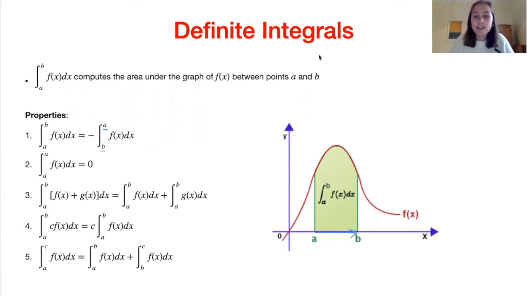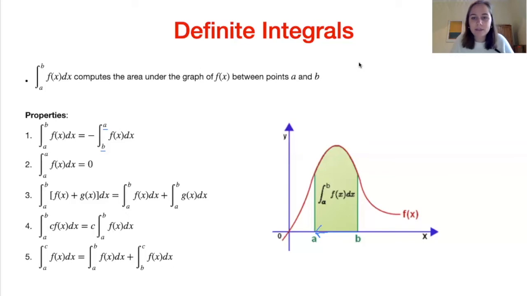Whereas if we're finding an area from b to a, we're going in the negative x direction. So if you imagine we're going in the opposite direction, from a higher x to a lower x, that area is going to be negative, essentially. So hence why switching those integration boundaries, we're now going in a negative x direction, and our integral will become negative.